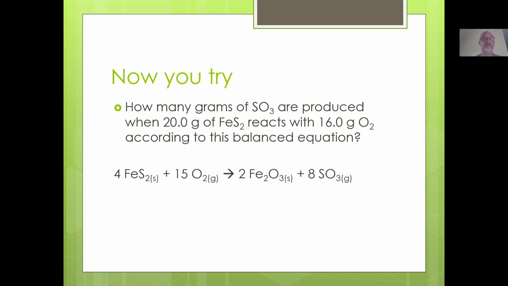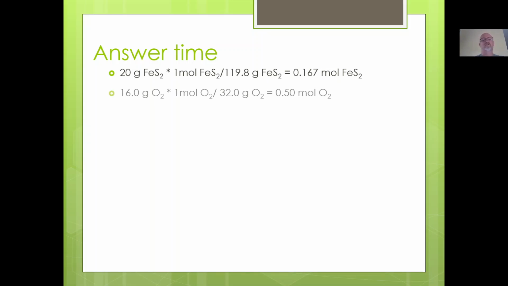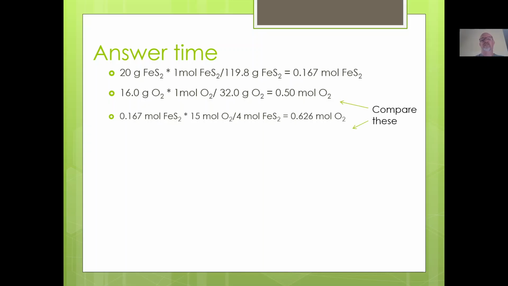All right, did you pause it? Did you give it a try? Let's see how you did. So, going through the steps, convert each thing to moles. In my example, I converted the iron sulfide and the oxygen, and lo and behold, when I compare these, it turns out the oxygen is limiting because I have half a mole, but to use up all the silver sulfide, I'd need more like 2/3 of a mole.